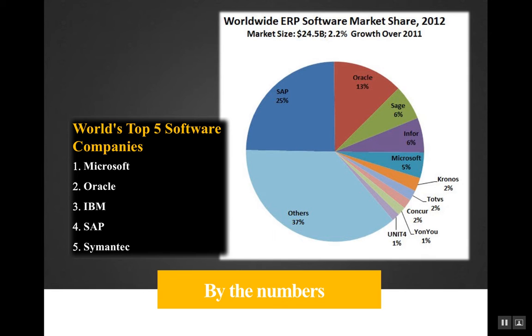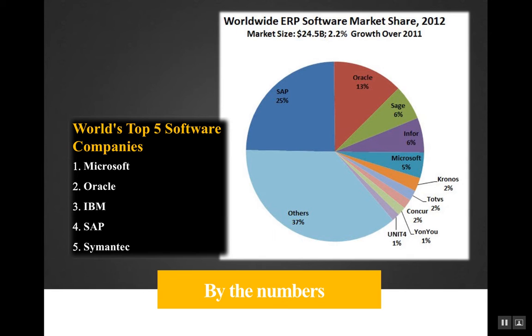And then some of the other ones: Infor, which I think is a software as a service platform. Microsoft had moved into that particular space, so they had done a fair amount of work within cloud-based software as a service.